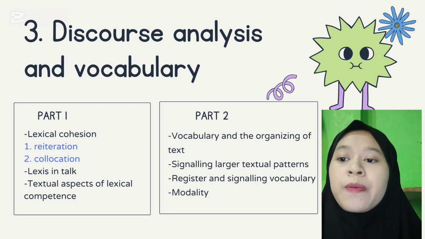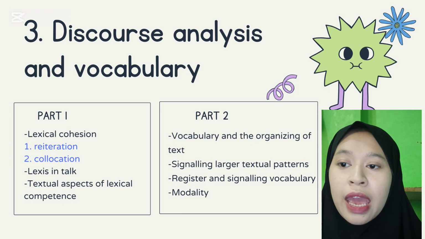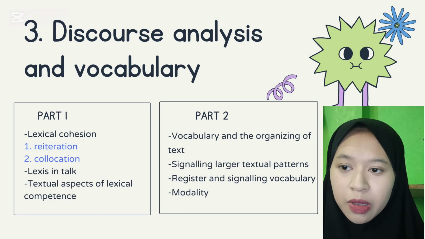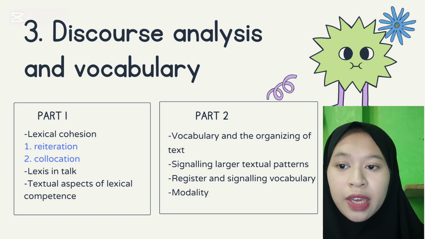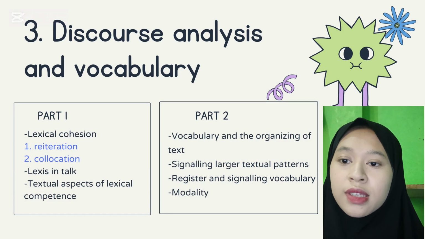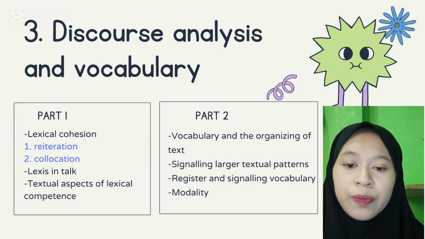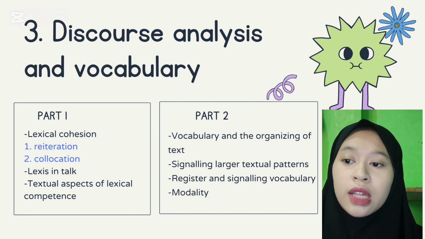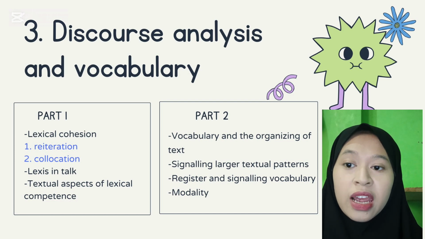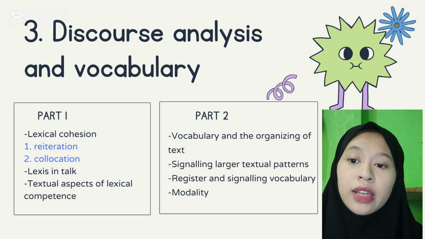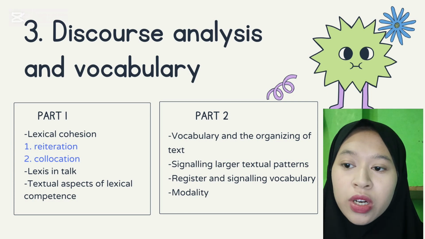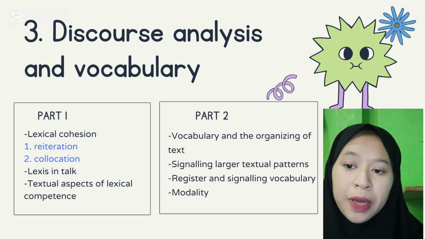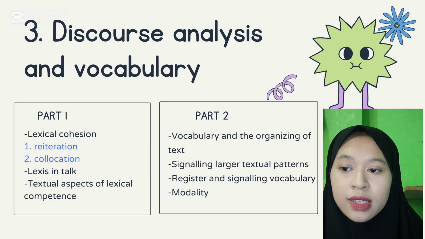For part 2, there are vocabulary and the organizing of text. Vocabulary and the organizing of text means vocabulary choices significantly impact how texts are structured and understood. For example, words like however, therefore, and in conclusion guide readers through the text. Next is signaling larger textual patterns. Certain words and phrases indicate textual patterns like cause and effect or contrast.